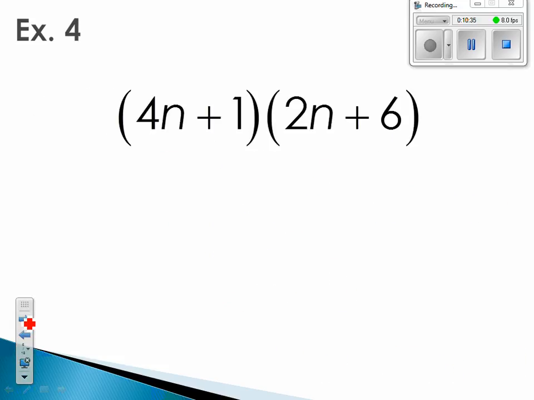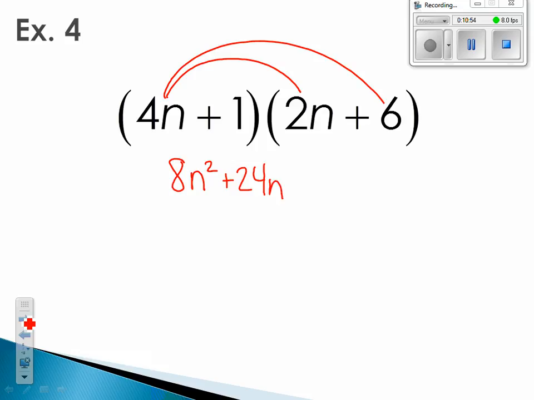All right, one more example, and you can choose whichever method you like best. I'm going to work it out right here. 4n times 2n, 4 times 2 is 8n squared. 4n times 6 is 24n. 1 times 2n is 2n. 1 times 6 is 6.